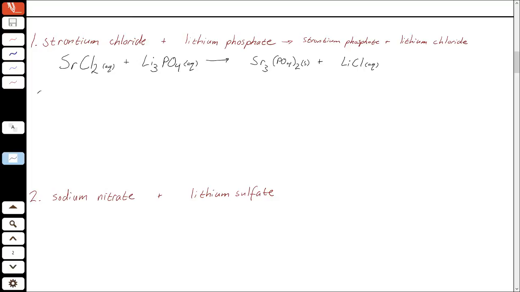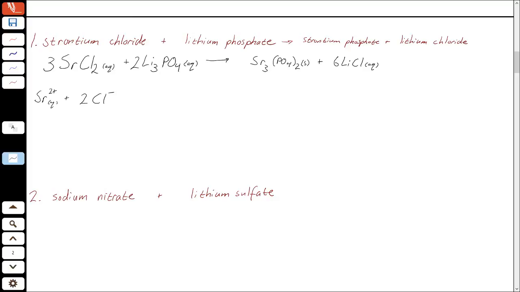So net ionic is going to look like this. Strontium plus 2. There are 2 chlorides. Oh, you know what? Actually, before we do that, let's balance our equation. This is not balanced. So we need a 3 here, and a 6 here, and a 2 here.